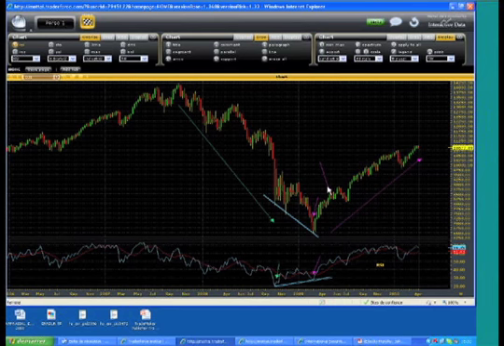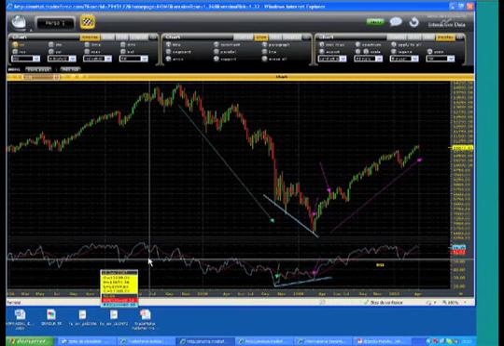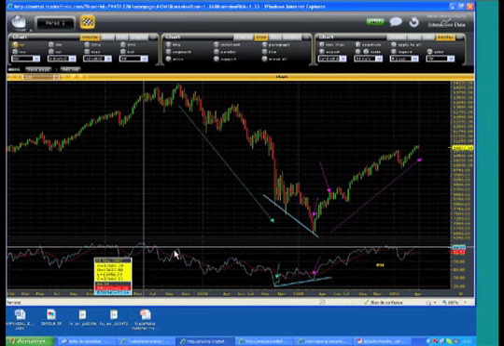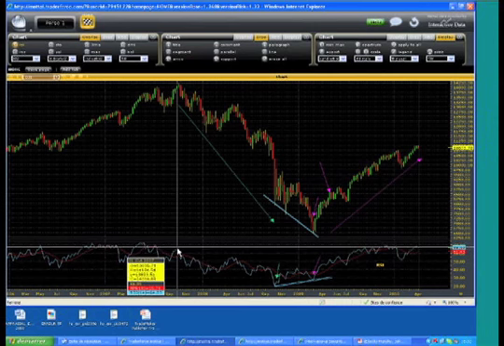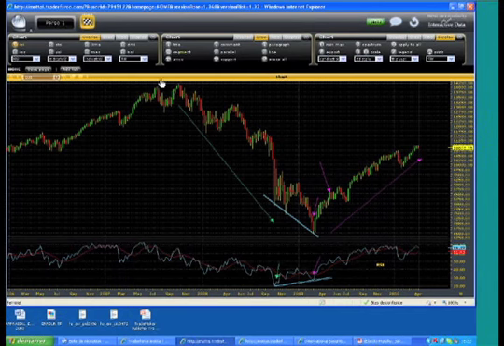You can also see a nearly bearish divergence, which doesn't work very well because it is not overbought at the top of the market, but nearly. This is nearly a very good bearish divergence, as you can see here.